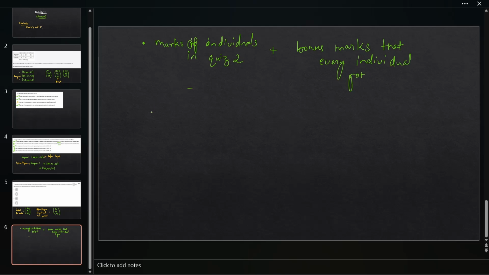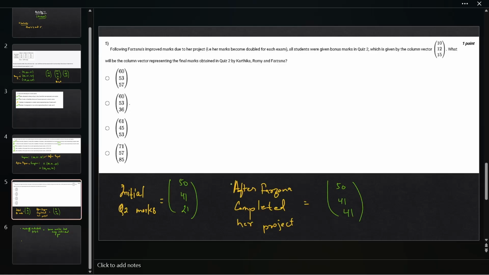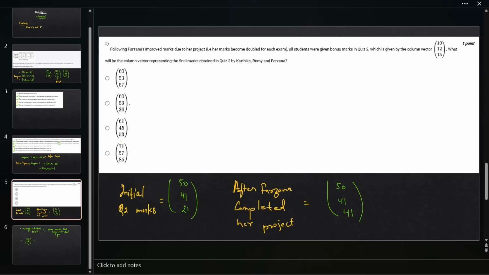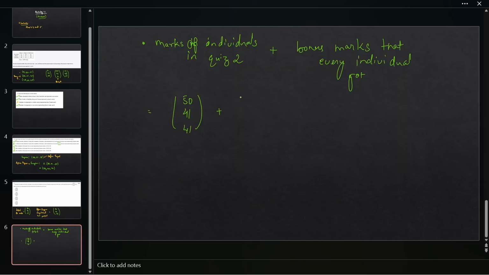So here, if we look at it, the marks before getting the bonus is 50, 41, 42, plus we have the bonus marks, which is represented by this column vector 10, 12, and 15. Now it is going to be the vector addition of two vectors.